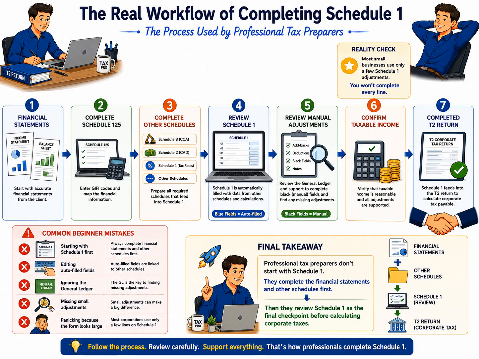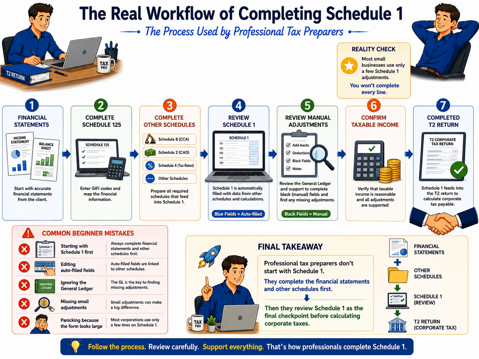These statements provide the accounting information that serves as the foundation for the entire tax return. If the financial statements are incorrect, every schedule that follows will also be affected. Next, the financial information is entered into Schedule 125 using the appropriate GFI codes. This creates the accounting net income that will later flow automatically into Schedule 1.